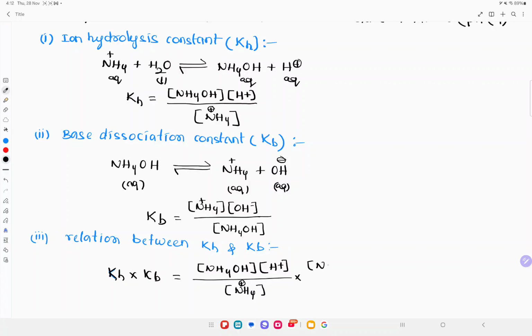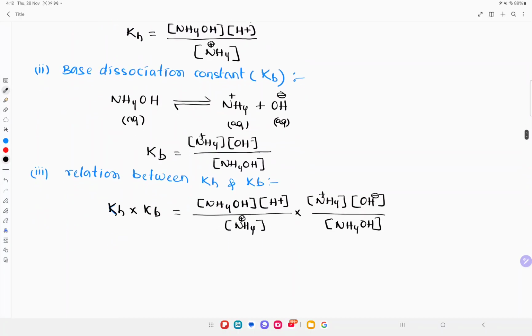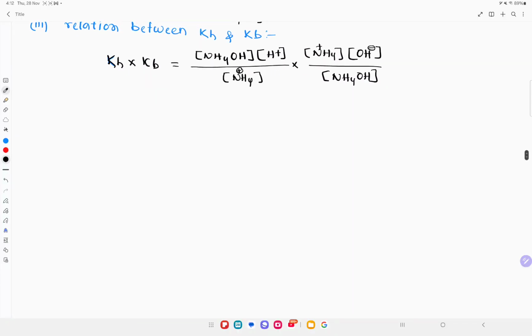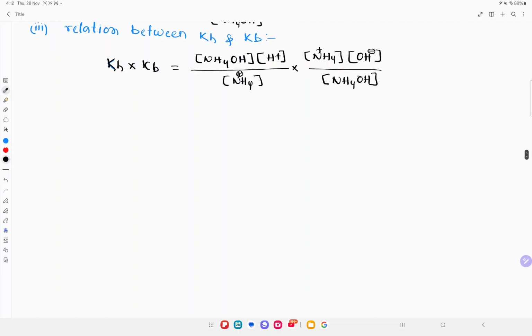Molar concentration of ammonium ion into molar concentration of OH minus ion by molar concentration of ammonium hydroxide. So from this, what we can say, ammonium ion gets cancelled, ammonium hydroxide gets cancelled.